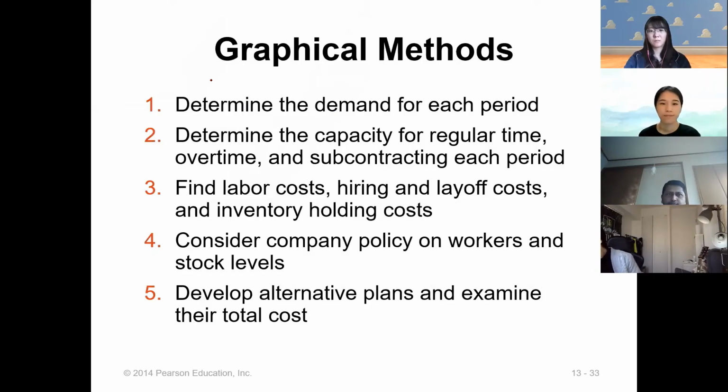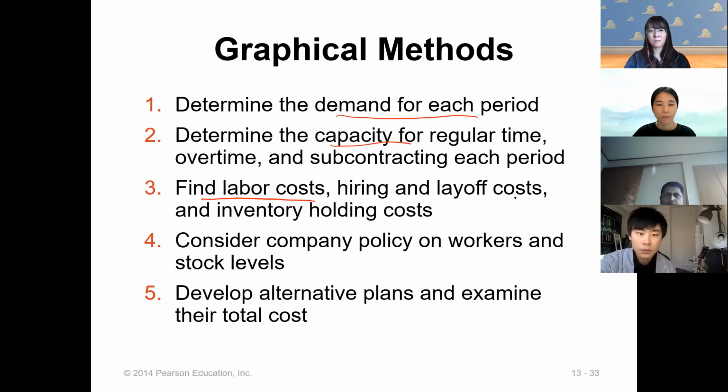So basically, with this graphical method, you determine the demand for each period, you determine the capacity for regular time, overtime, and subcontracting. And you need to have the costs: labor cost, hiring cost, layoff cost, inventory holding cost. Okay.